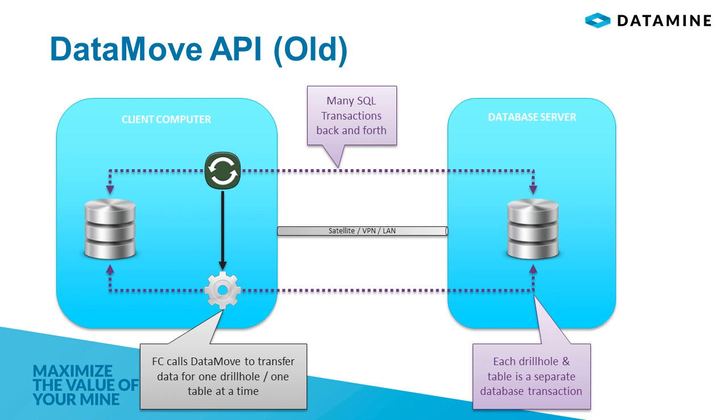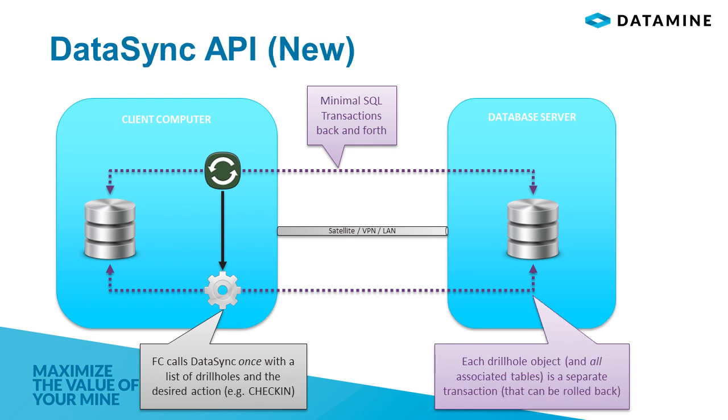So what we did is we completely rewrote that API. What was Data Move is now called Data Sync. Now we've really minimized the amount of SQL transactions that Fusion Client has to do against the central.